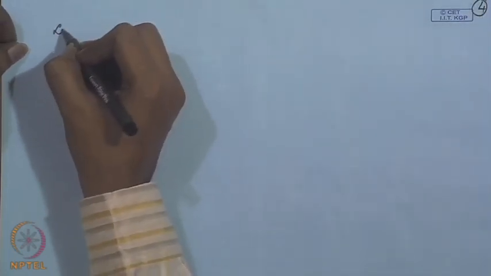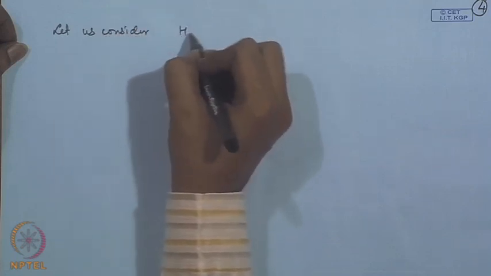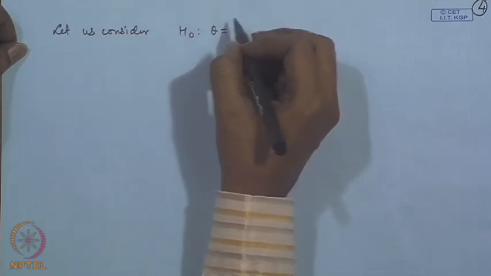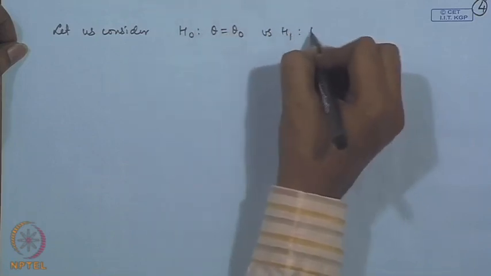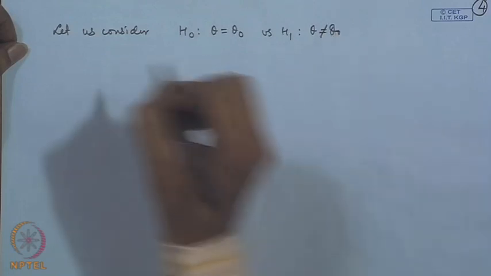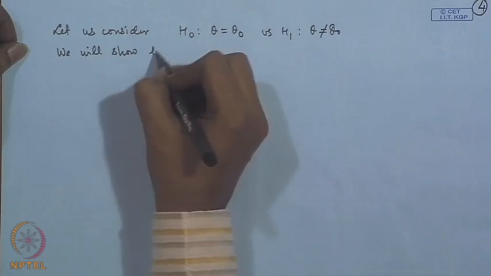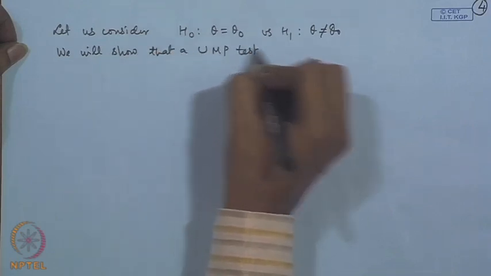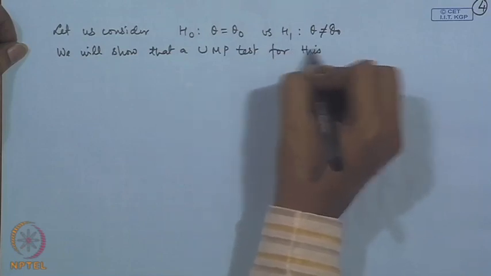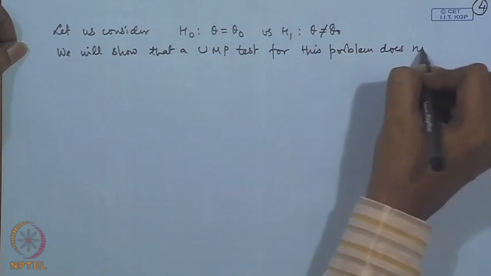So, let us consider H naught: theta is equal to theta naught against H 1: theta is not equal to theta naught. We will show that a UMP test for this problem does not exist.